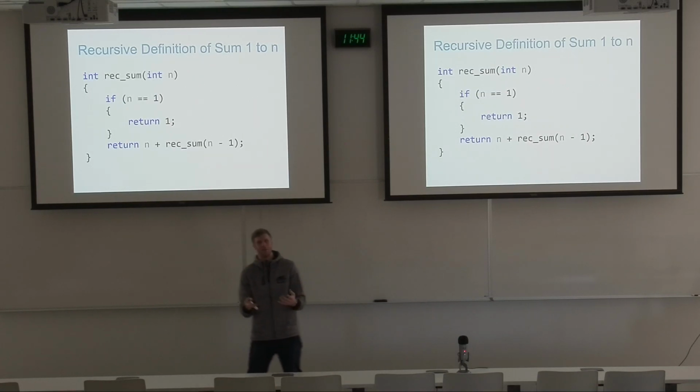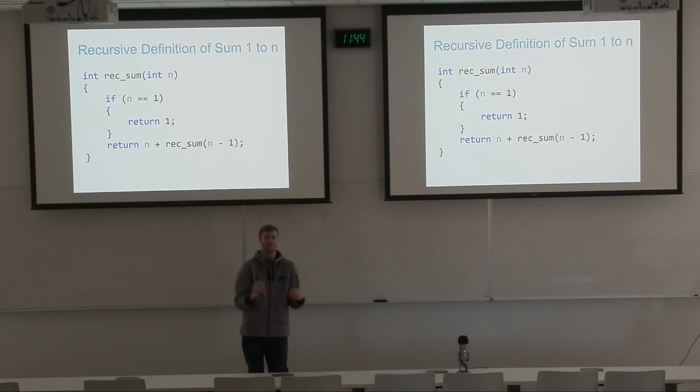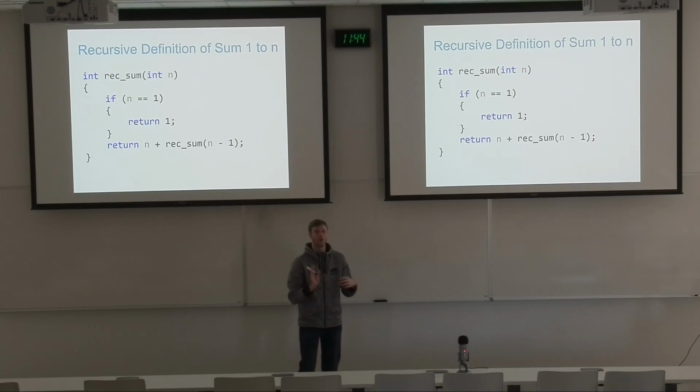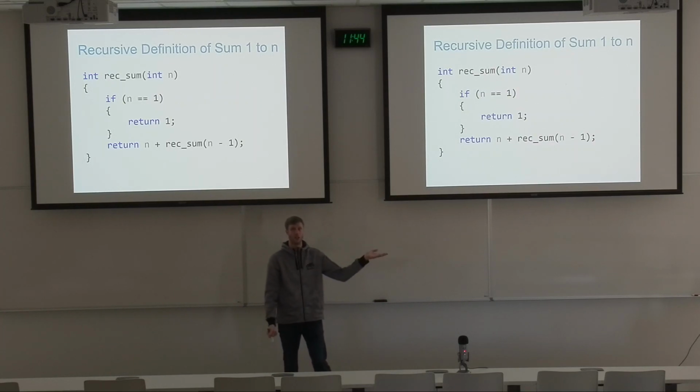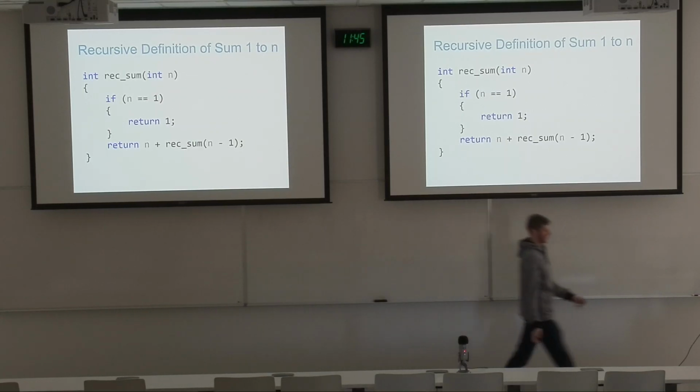Because then it's just going to be the sum of all the numbers up to the number before, n minus 1. I want the sum of all the numbers from 1 to n minus 1, and I've got a function that's guaranteed to do that. It's called rec sum. I'll call that function, it'll give me the answer, and then I'm just going to add n to it. I'm going to say that again, just to make sure we've got it. Pretend for a minute. Don't even look at this code.